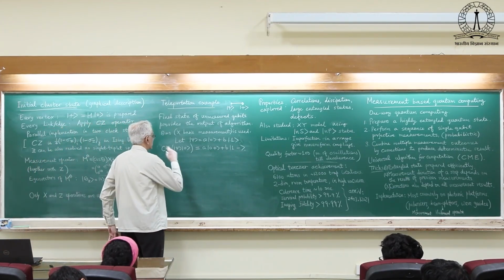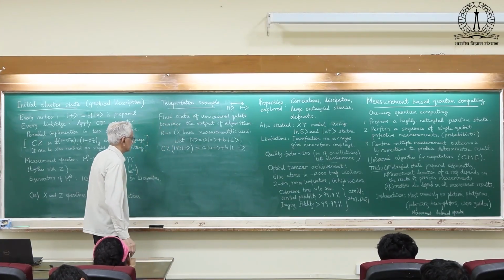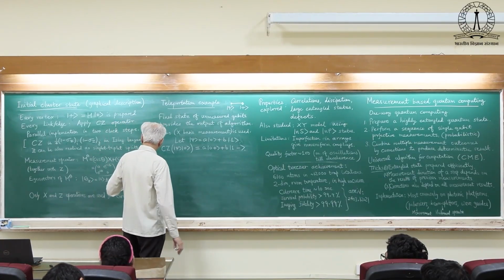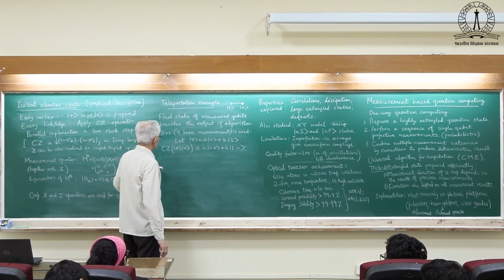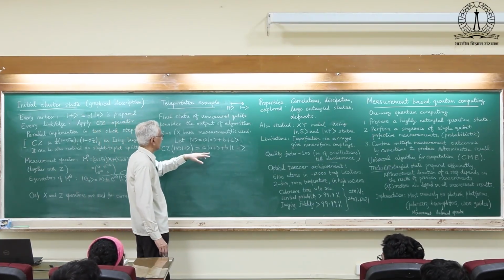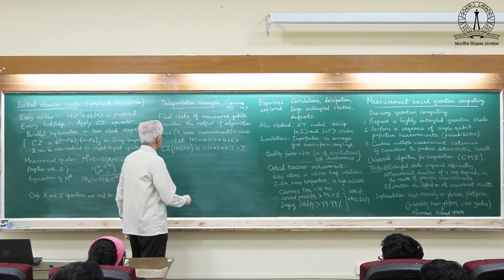And I'm not interested in the outcome of the measurement in the sense of calculating the eigenvalue. I'm more interested in the outcome of the measurement which gives me the state.